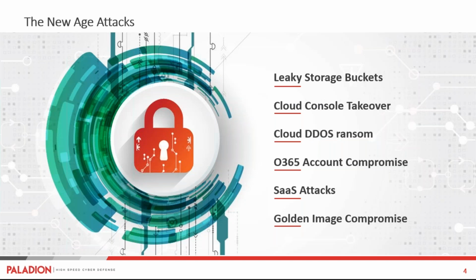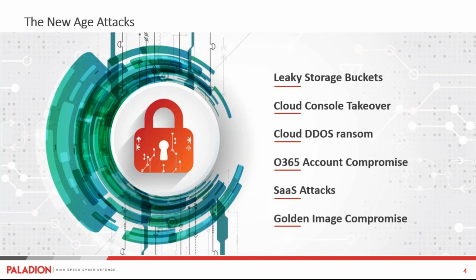So what you see are some of the most common attacks on cloud, right? Imagine that the attacker takes over your console account. Unlike compromises such as email, a cloud console account can create devastating results for organizations who use cloud a lot. The same thing happens with golden image compromise.